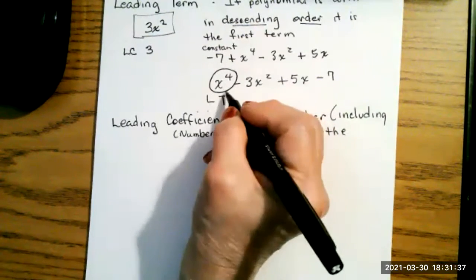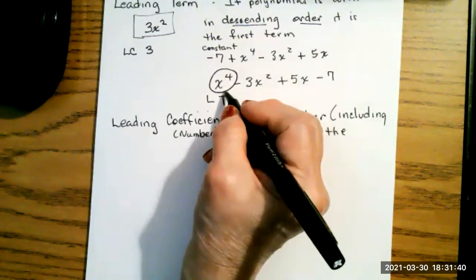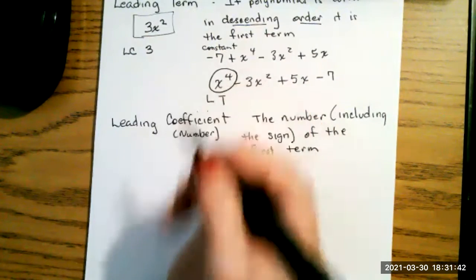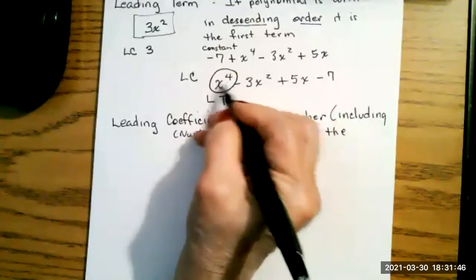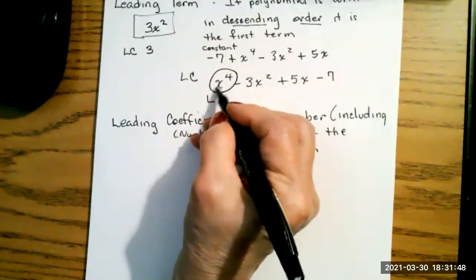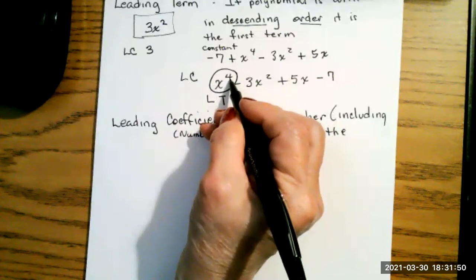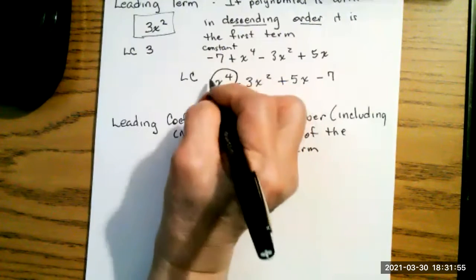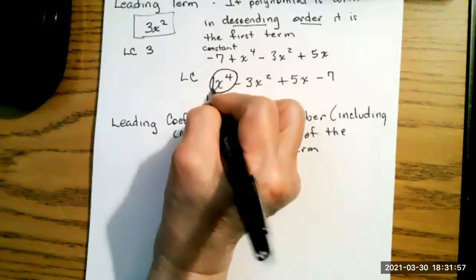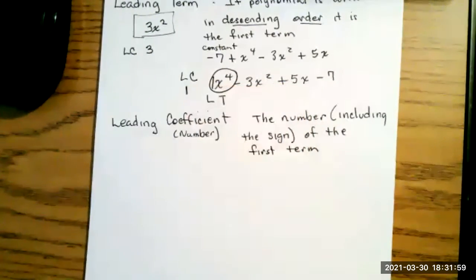In this second example that I have here, x to the fourth, there's no number there. There's an exponent, but it's not called a coefficient. The coefficient is the big number out front. So it's understood to be a 1 there, and it's a positive 1.